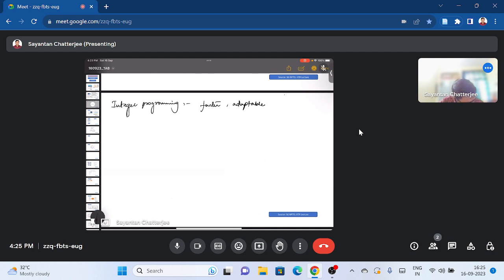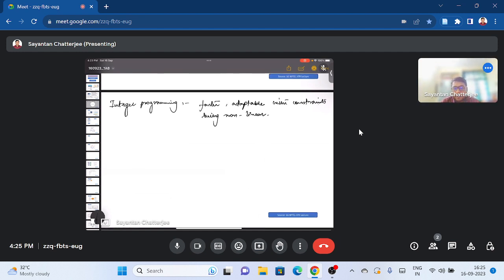But the limitation is that the constraints are non-linear. Then we can also discuss some meta-heuristic approaches, like the genetic algorithm.